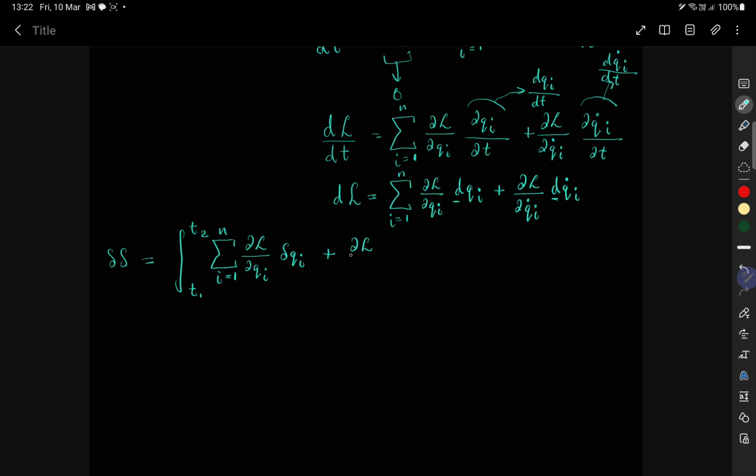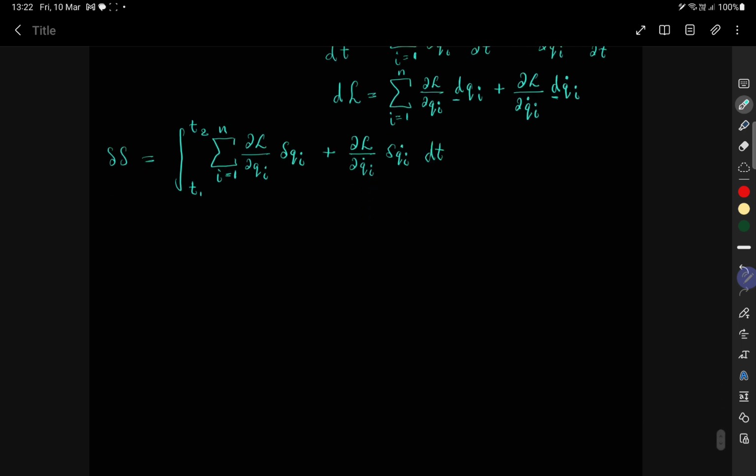So changing the d differential elements to delta operators, or variations, we get this. Now, after getting this, you can see that this is the delta operator, if it's not clear.